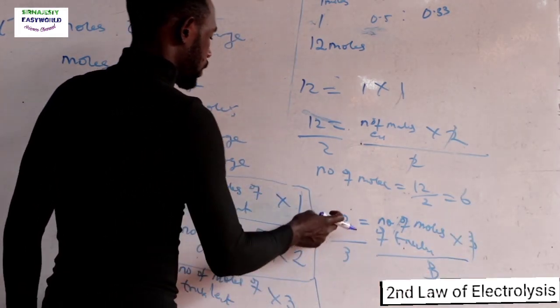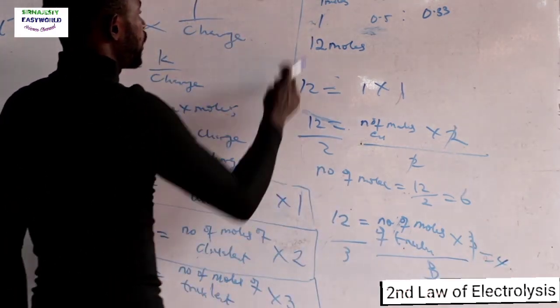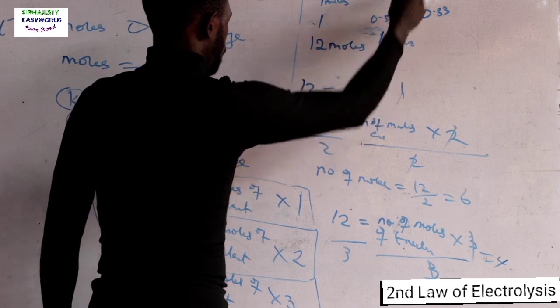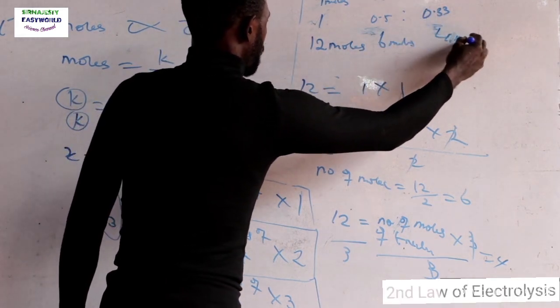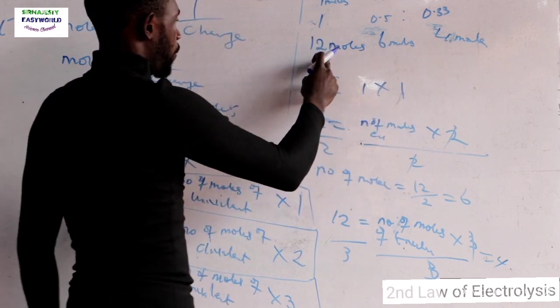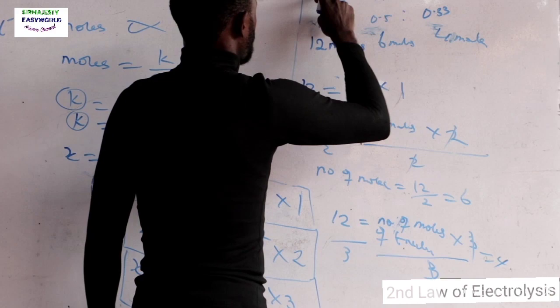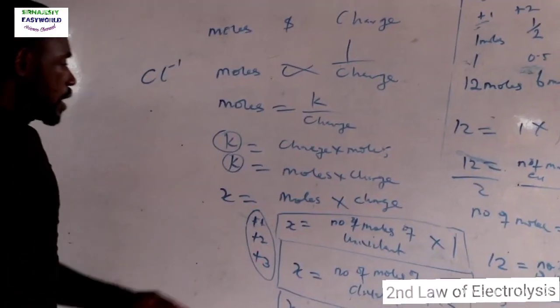So what do you have? 12 over 3, which will give you 4. So it means that if 12 moles of silver is discharged, 6 moles of copper will be discharged, and 4 moles of aluminium will be discharged. So this is a real number, no longer a point. You see, 12, 6, 4 is decreasing, but the charge, plus 1, plus 2, plus 3, is increasing. So that is it. Use this X factor in that case.